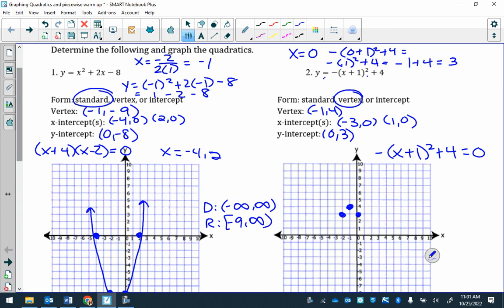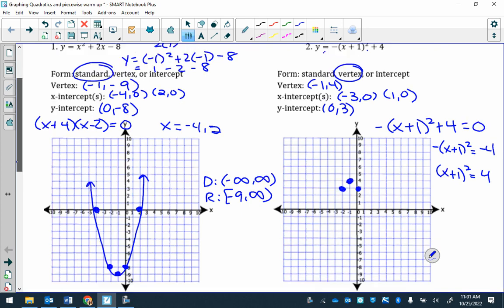What do you do here? Yeah, Anton. Okay, equals -4, then what do we have to do first? Yeah. Divide by -1. Okay, then what do we do?